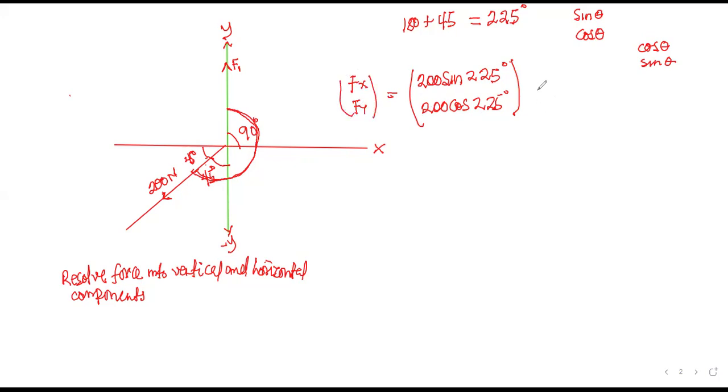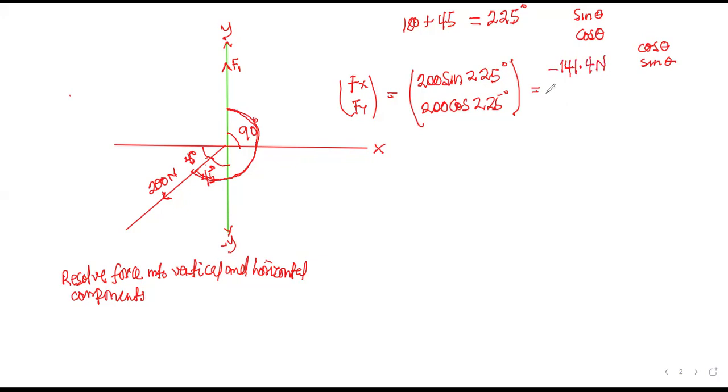So Imelda, what is 200 times sine 225? Then somebody else should also do the 200 times cos 225 for me. Negative 141.421 Newton.